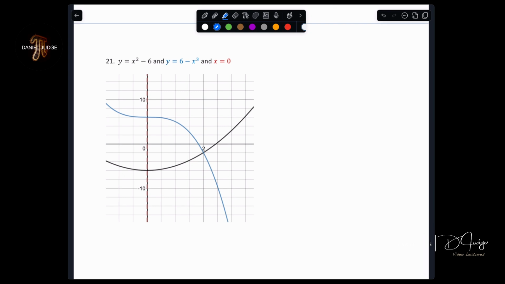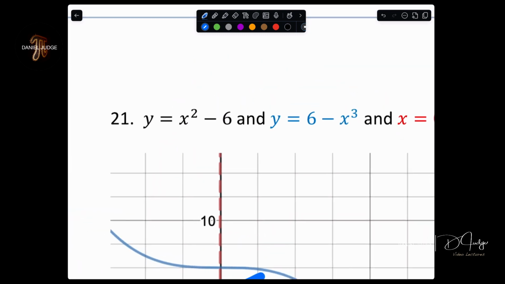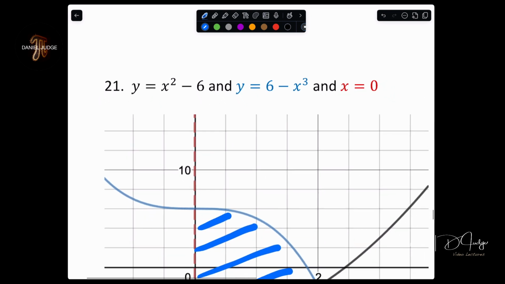21 now. Bounded area. And we're going to take a look at this one because notice what they did in this question for 21.